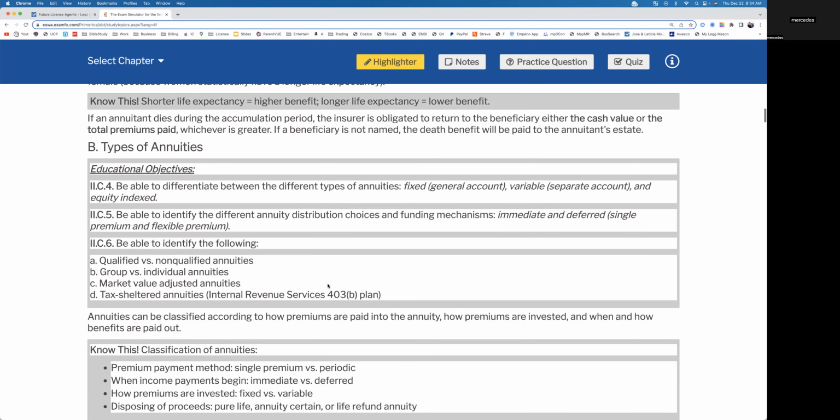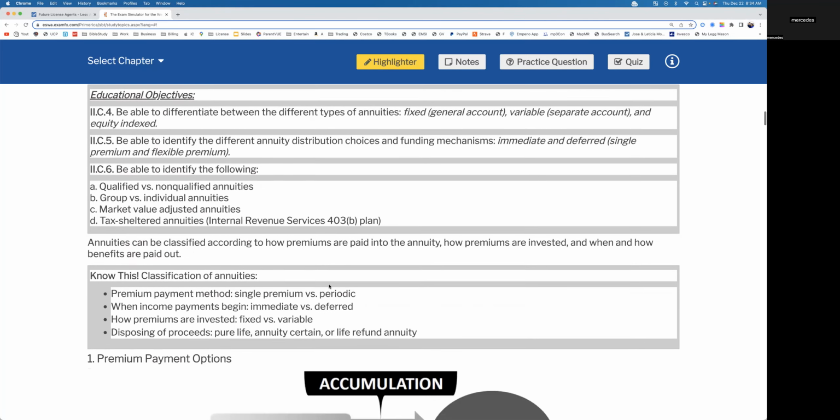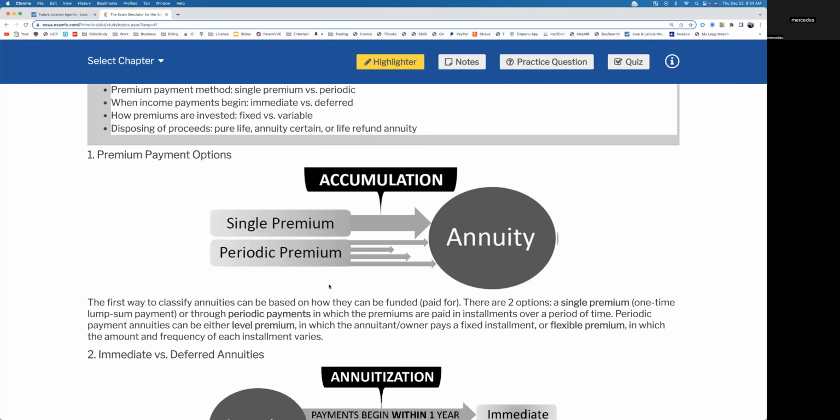Types of annuities. There's a lot of types. Okay, payment options. You could pay it with a single premium. For example, let's say you worked at Marriott's Desert Springs for 30 years of your life, and then you retire and you were putting into your 401k for the past 30 years.